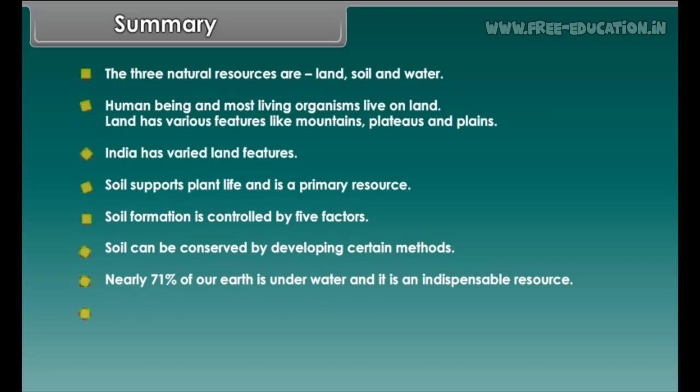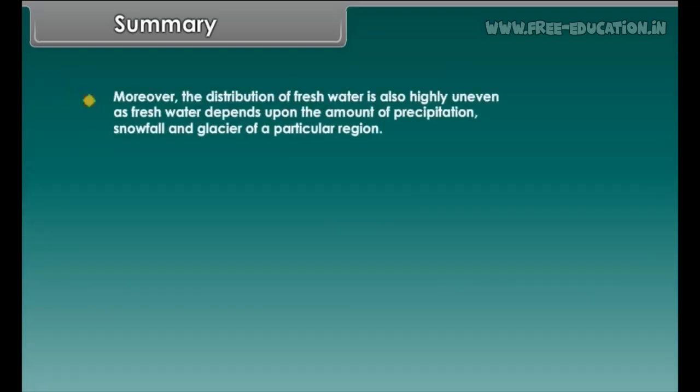Not all the water available to us is fresh water. Moreover, the distribution of fresh water is also highly uneven, as fresh water depends upon the amount of precipitation, snowfall and glacier of a particular region.